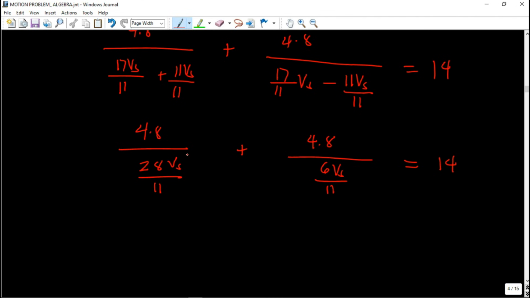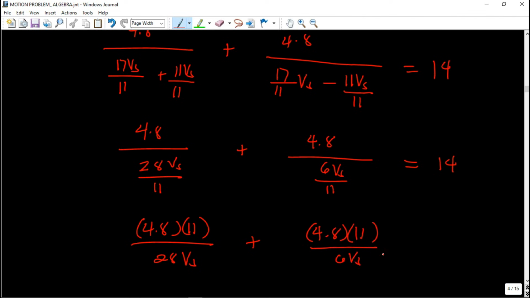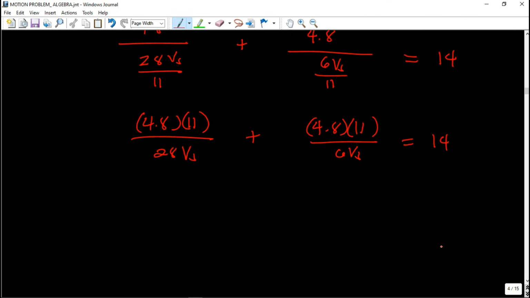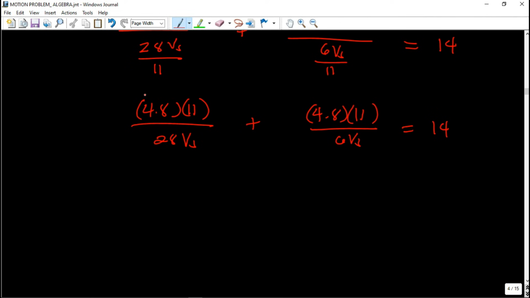The 11 we put in the numerator. So 4.8 times 11 all over 28 V sub S plus 4.8 times 11 all over 6 V sub S equals 14. Then using your calculator, let's get the equivalent value of this constant.